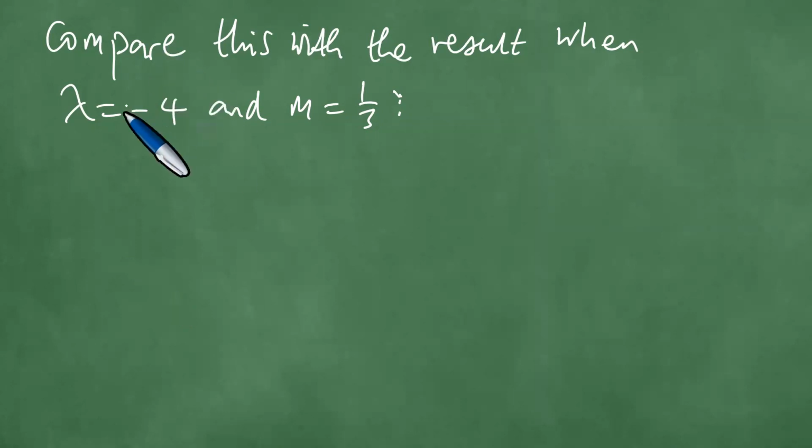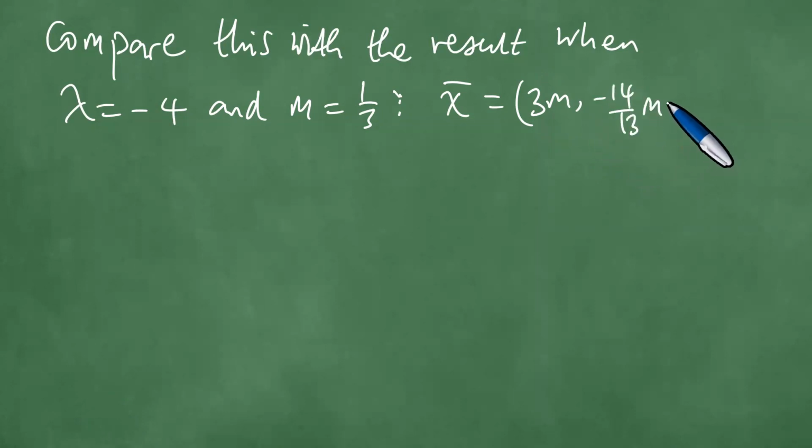Okay, I want to comment on the fact that you compare these results when lambda equals -4 and m, because the m is actually the 1/3, because the eigenvector is first obtained as 3m, 3m minus 14 out of 13m.